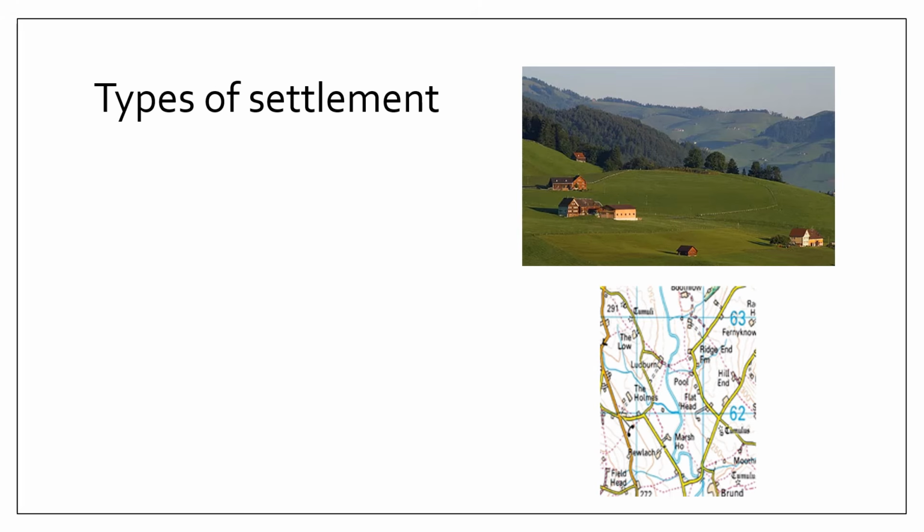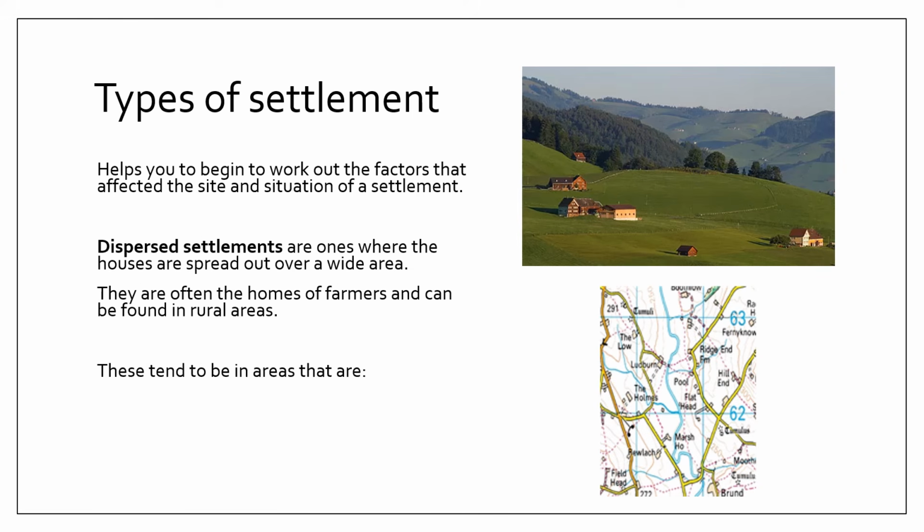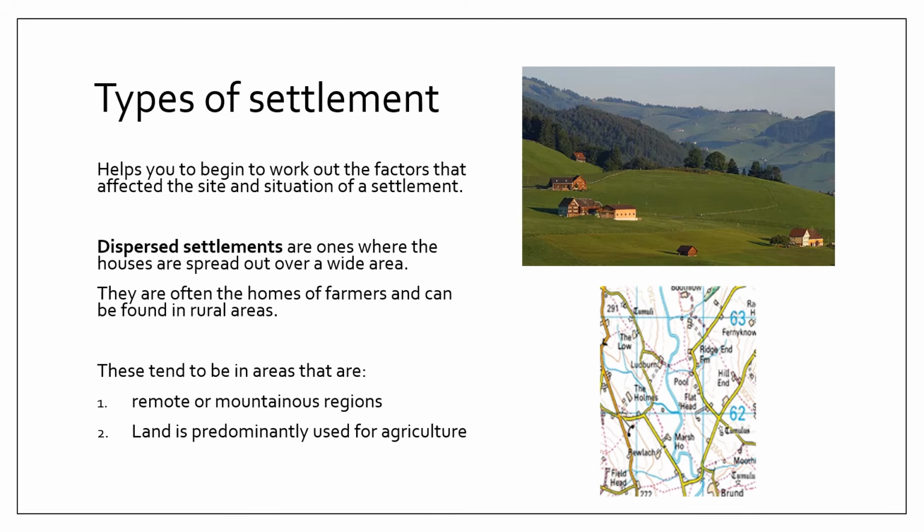If you can't remember what the types of settlements are, dispersed are ones where the houses are spread out over a wide area. So generally in rural areas, this could be where they are due to farming. So farms need lots of land to enable them to grow their crops or rear their animals. And so these would be in remote or mountainous areas, and then agriculture is the predominant land use with limited job opportunities.